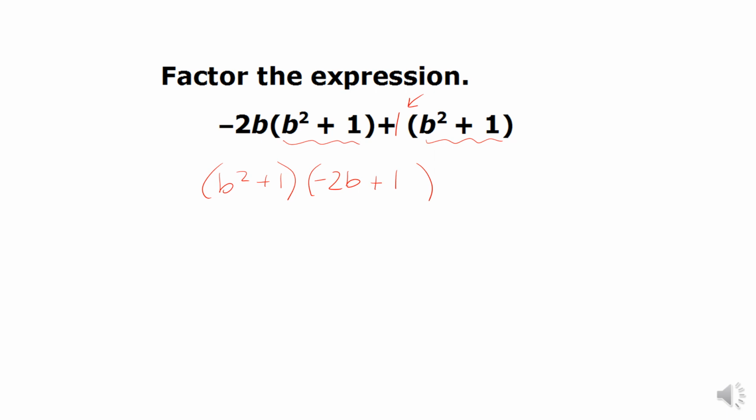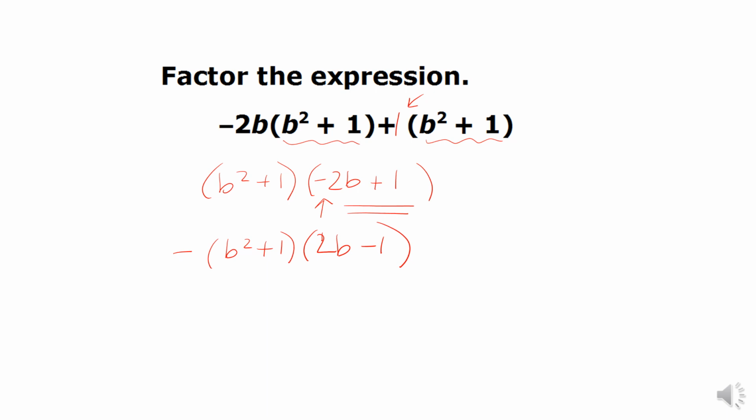Another thing you need to remember to completely factor something is you never leave a negative like this. So what we're going to do is factor that out and put it at the beginning. Make sure you factor it out of the whole term, and that would be the final factor of this.